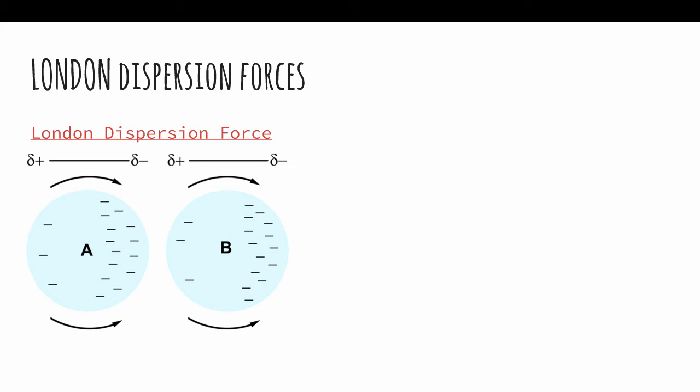And what happens in dispersion force is that the electrons are usually equally distributed around the positive centers of the molecule. However, we know this is a probability, so it also is likely for them to be not equally distributed. And so we see in A that temporarily the electrons distribute themselves on the right-hand side of molecule A, causing that side of the molecule to be temporarily, not permanently, temporarily negative.